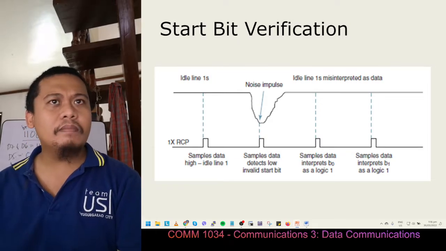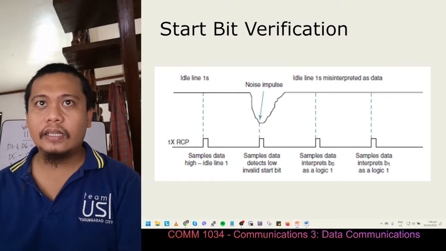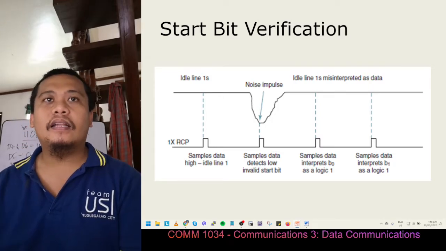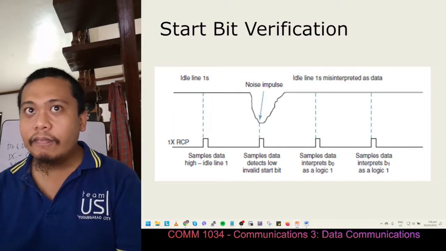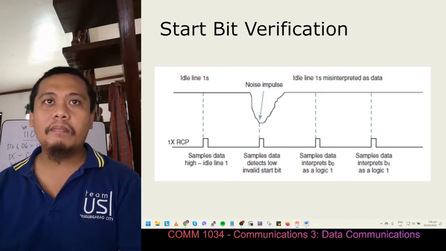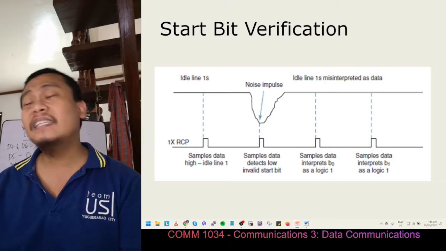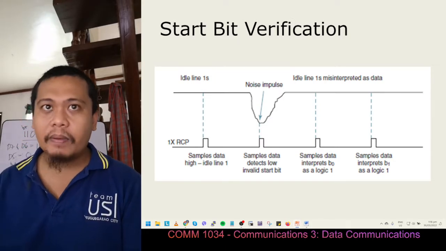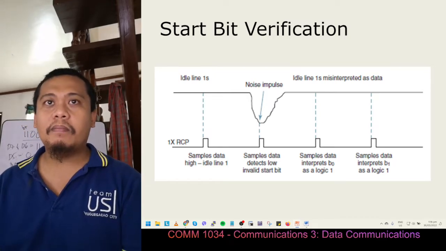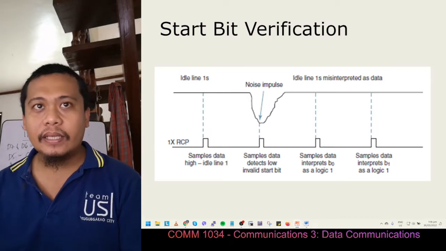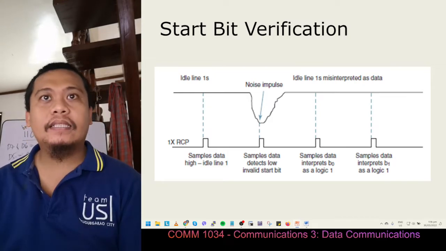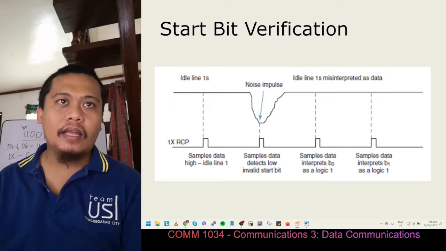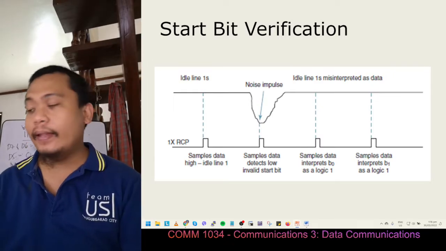Okay? If a noise impulse occurs that causes the received data to go low, di ba? Meron tayong high to low transition. At the same time, the received clock is active. The receiver will interpret the noise pulse as a start bit. Wala naman talagang sinesend na data. So if this happens, the receiver will misinterpret the logic condition present during the next clock as the first data bit, and the following clock cycles as the remaining data bits, B1, B2, and so on.